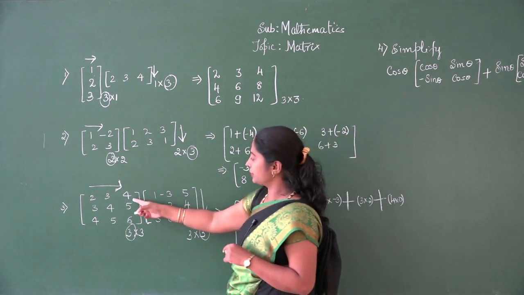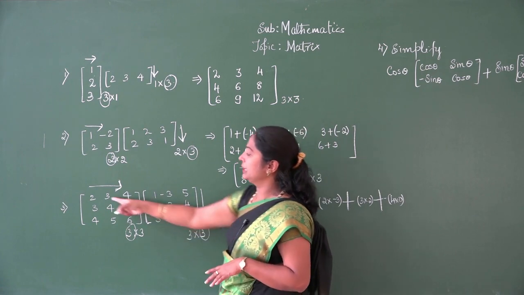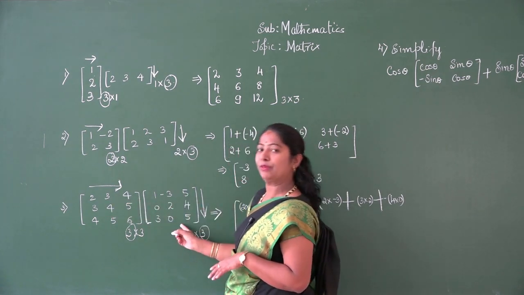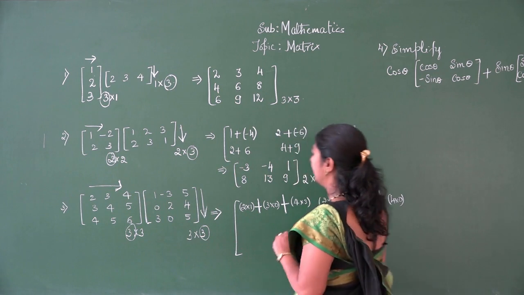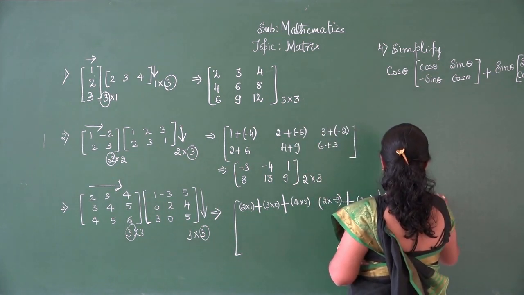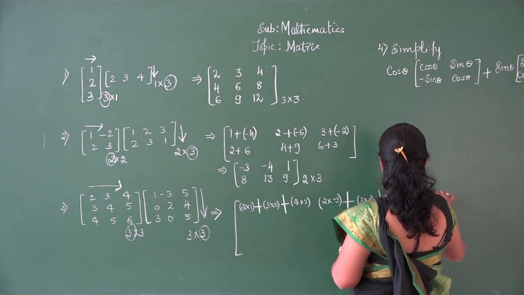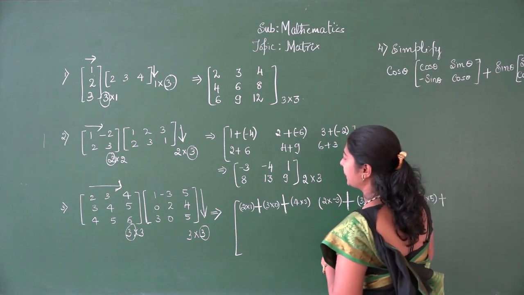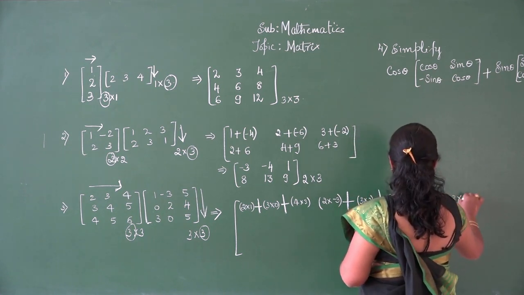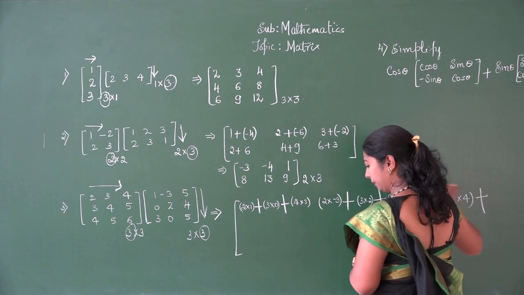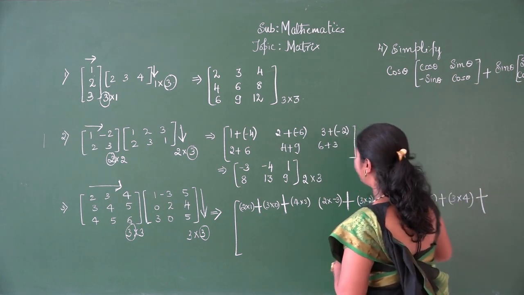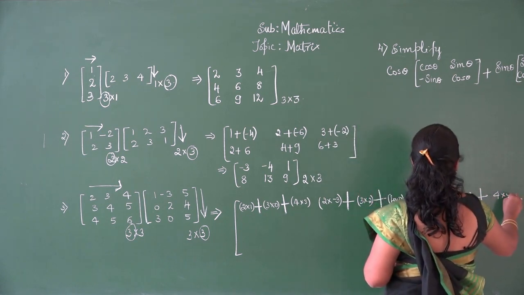Finished with the first row, second column. Now, starting off with the first row, once again we will proceed with the third column. It can be written as 2 into 5 plus 3 into 4 plus 4 into 5.